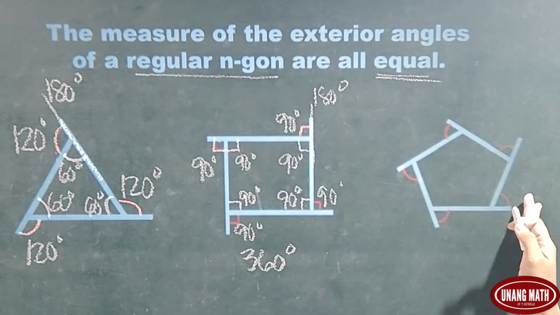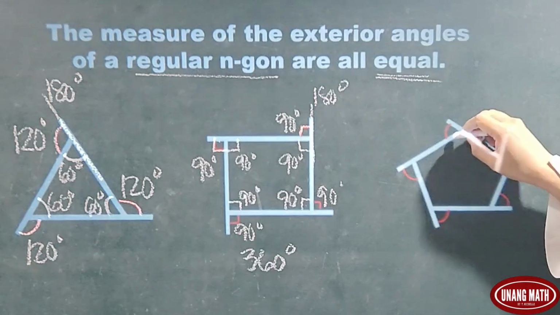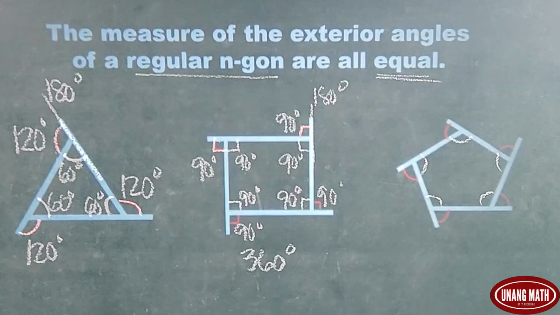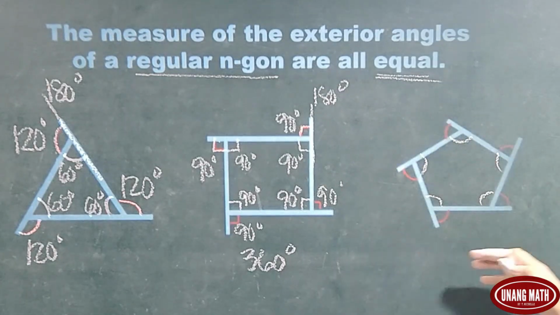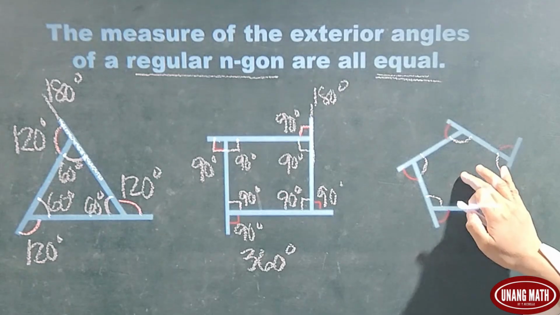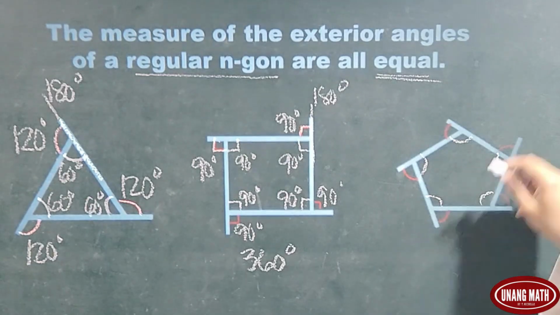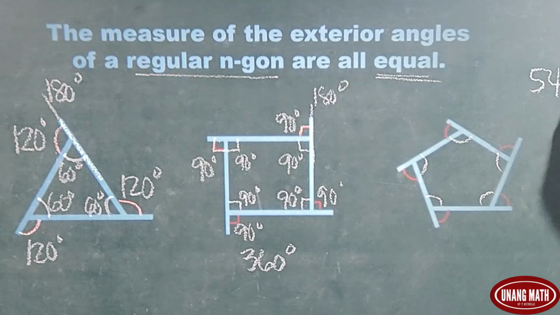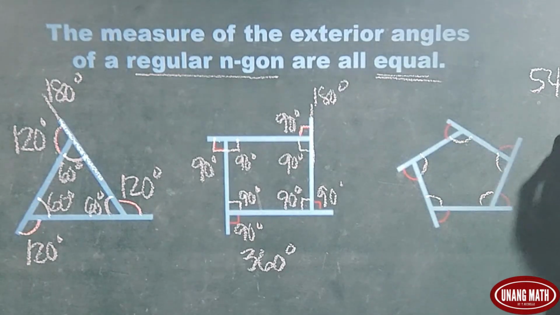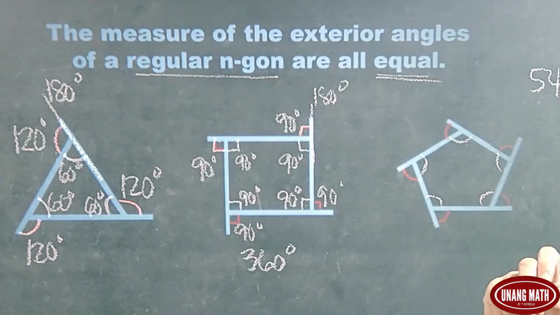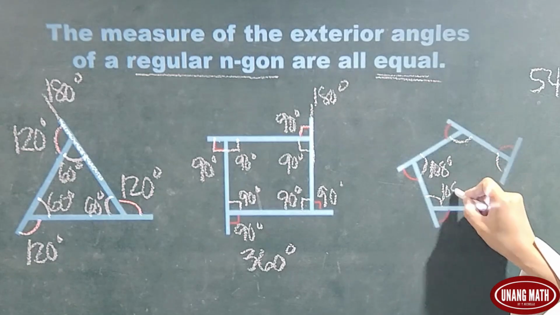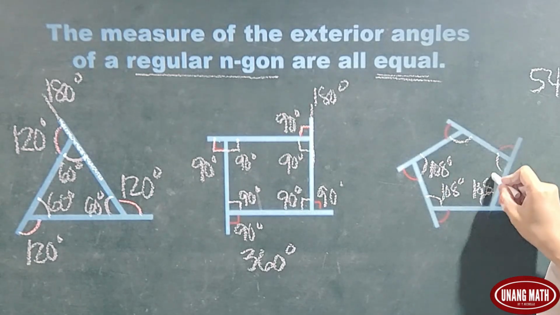Okay, let's move on to the regular pentagon. A pentagon has 5 interior angles. Since this is a regular pentagon, the sum of the interior angles of a pentagon is 540 degrees. So to find each interior angle, 540 degrees divided by 5, then each interior angle measures 108 degrees.